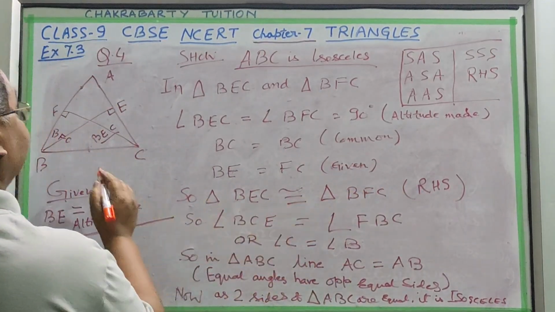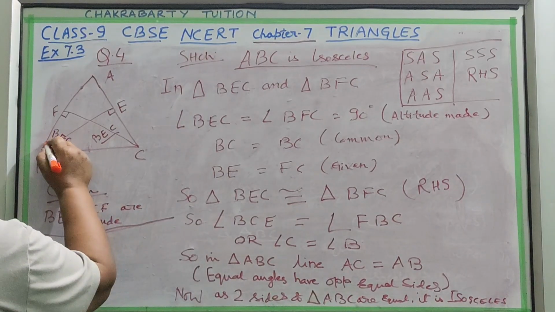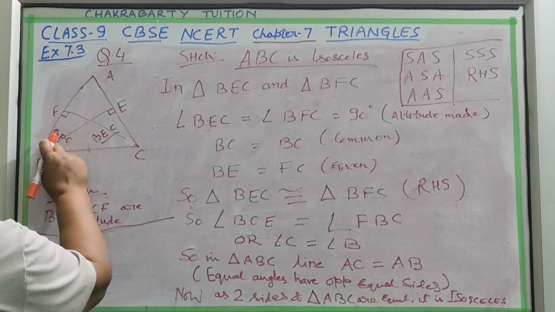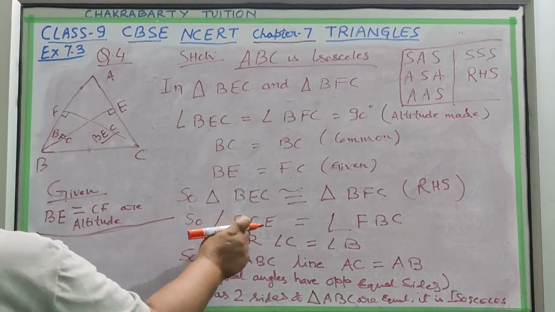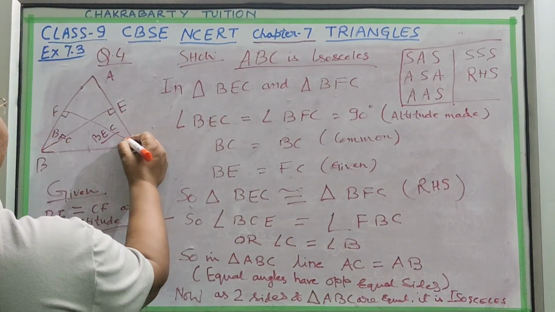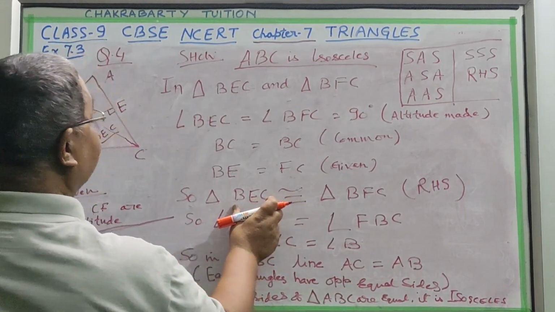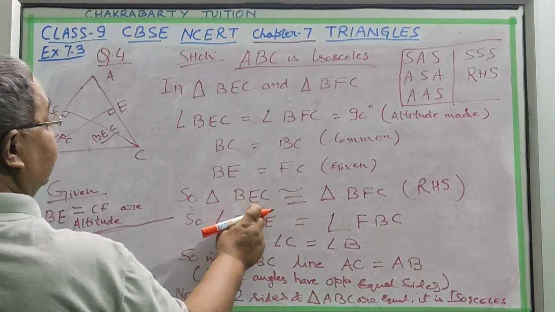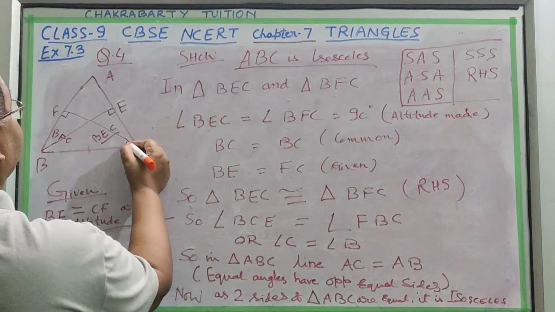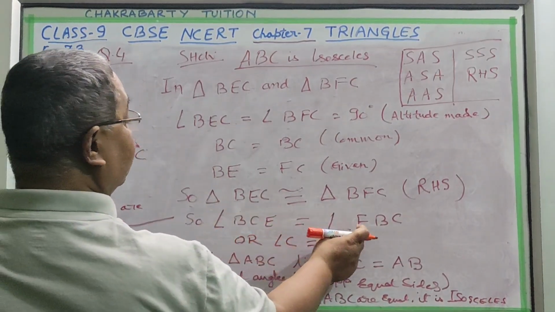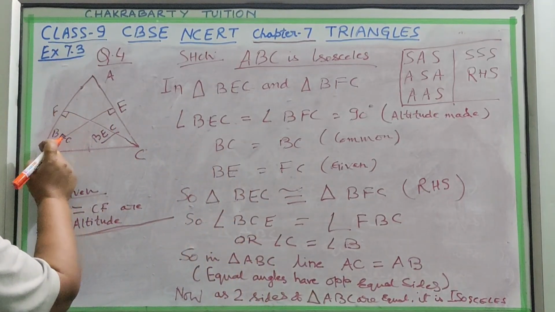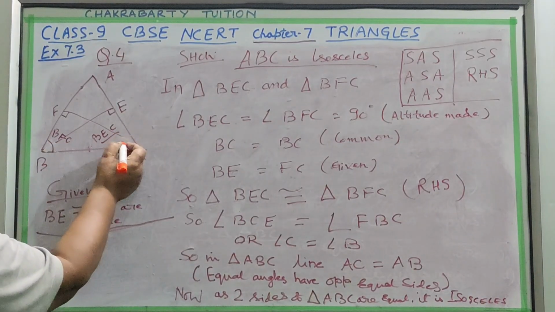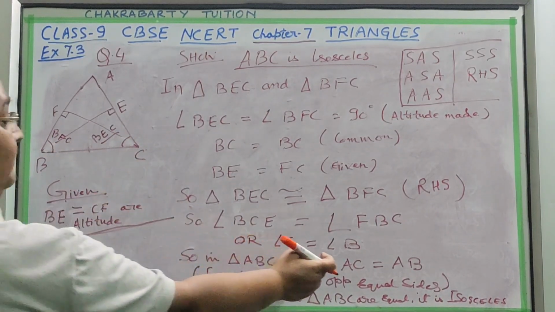When they are congruent, it means this whole triangle BCE will be equal to the whole triangle FBC, so angle B and angle C will be equal.